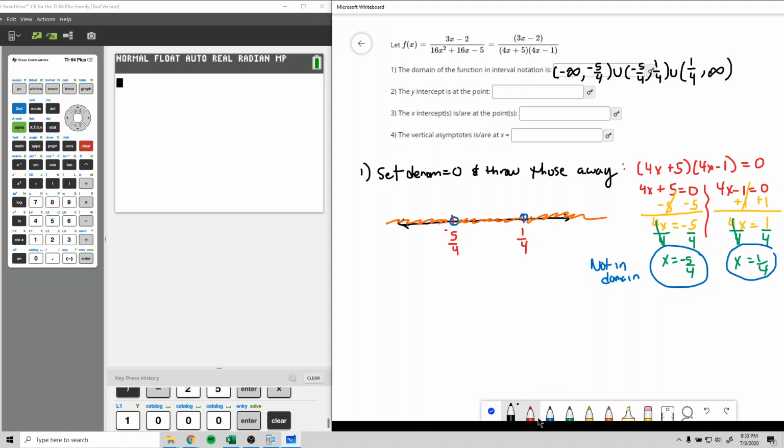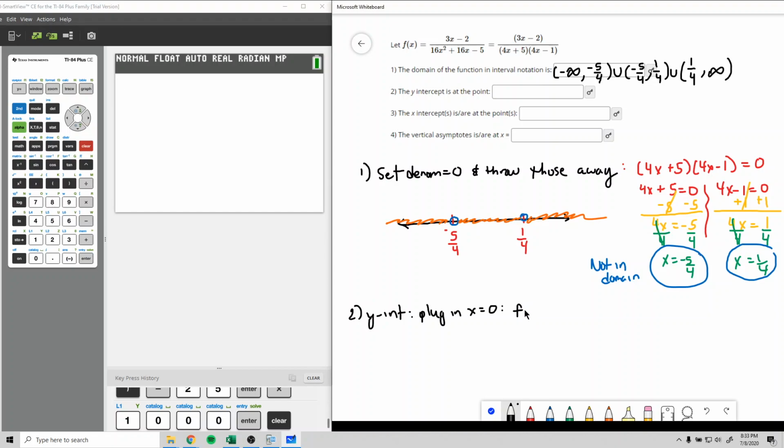And then number 2, the y-intercept. That is the coordinate pair where x is 0. We plug in x equals 0. It's actually easier to plug in 0 in the one that's not factored, although if you do this one, it's okay too.